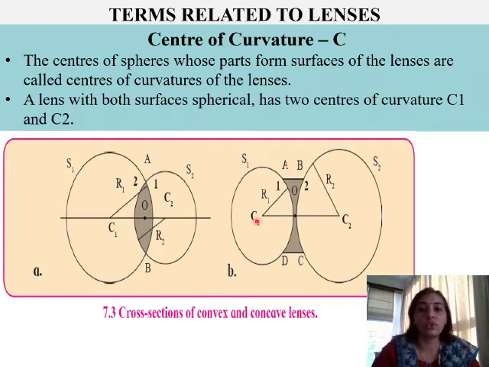This lens also has got two centers of curvature, that is C1 and C2. So from this we can say that since concave and convex lenses are formed by a combination of two parts of spheres, they have got two centers of curvature, that is C1 and C2. So I hope you have understood this first term, that is center of curvature.